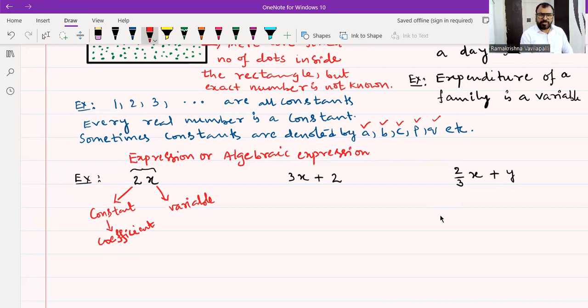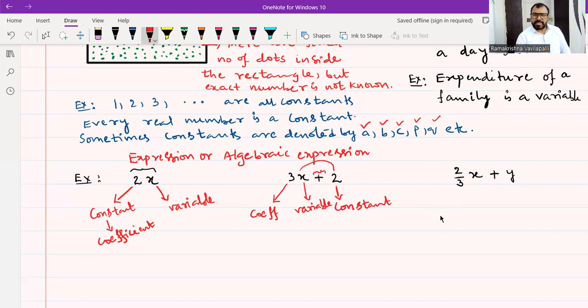Here, if you observe, this is a constant, and this is known as a coefficient, and this is a variable. x is a variable. So this is an algebraic expression. Why do we call this an algebraic expression? We have applied an addition between two simple expressions, 3x and 2.